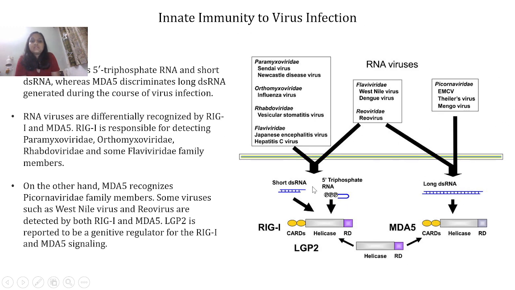Here you can see the examples. Long double-stranded RNA is produced by picornaviridae, EMCV, Theiler's virus, Mengo virus, while short double-stranded RNA or triphosphate RNA can be produced by paramyxoviridae like Sendai virus, Newcastle disease virus, orthomyxoviridae like influenza virus, rhabdoviridae like vesicular stomatitis virus, flaviviridae like Japanese encephalitis virus, hepatitis C virus, and this 5' triphosphate RNA can be produced by flaviviridae like West Nile virus, dengue virus, reoviridae like reovirus.